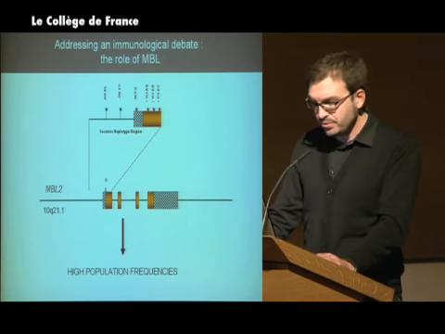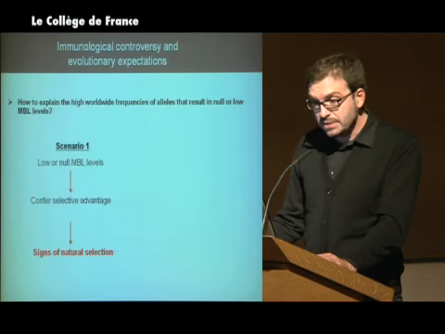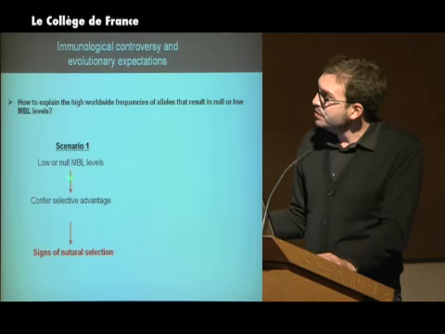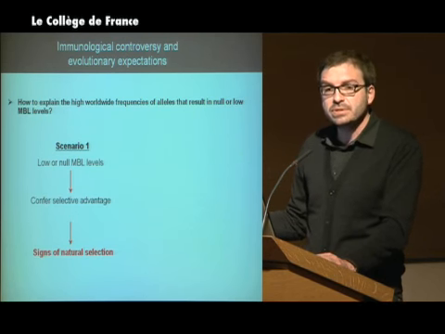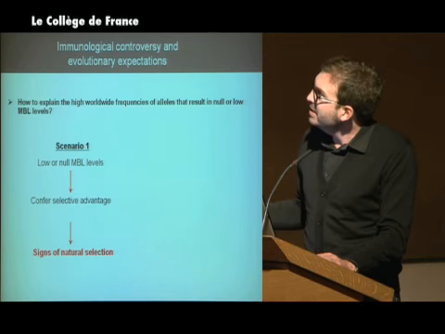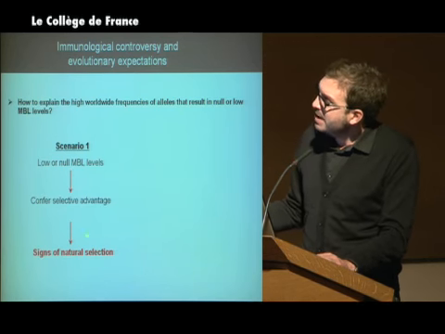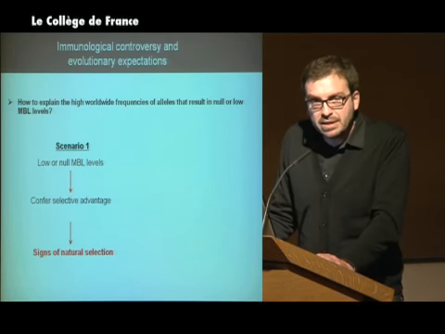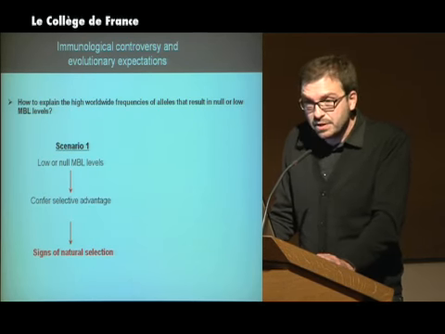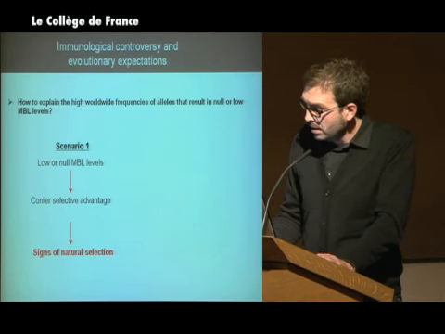So there are 2 ways to explain that. One way is that being MBL deficient has otherwise conferred a selective advantage. That's why these mutations are at high frequencies in the population. So in that case, the evolutionary expectation is that alleles and haplotypes associated with low or null MBL should exhibit signatures of positive selection.